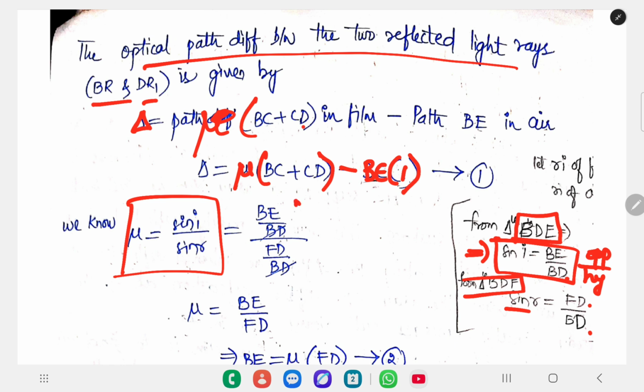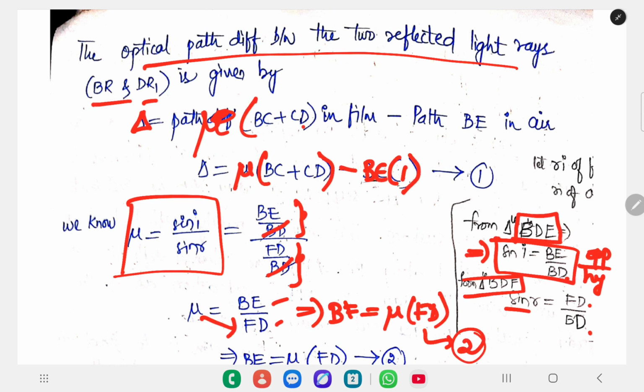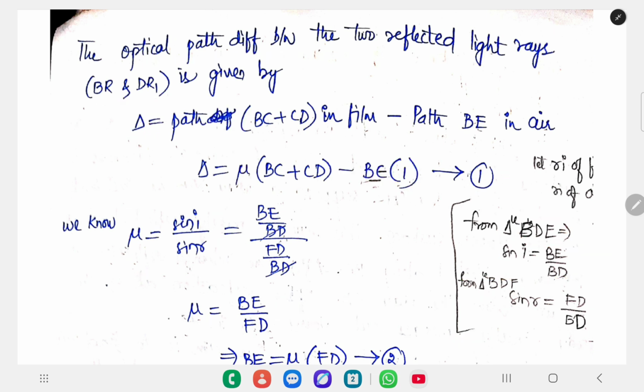Substituting, BD cancels, so mu is equal to BE by FD. We can write BE is equal to mu FD. Let this be equation number 2.